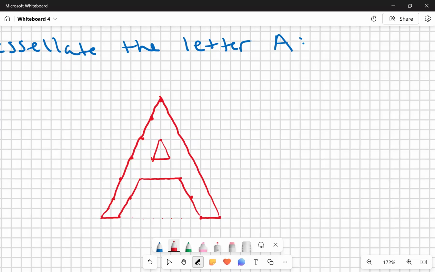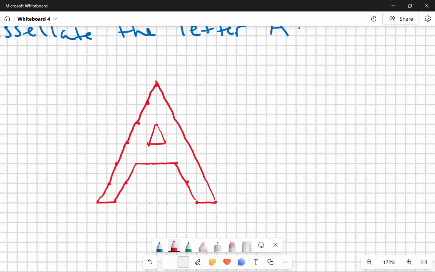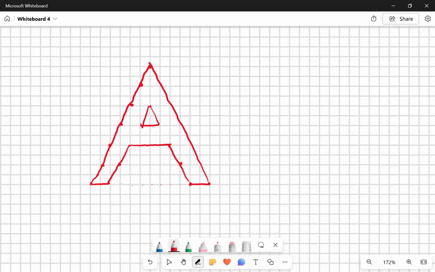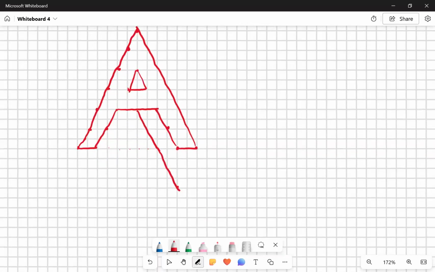And now what's kind of cool is I can tessellate with another A going upside down. So there's the leg. And I'm going to continue that pattern. Sorry, I did that too sharp. Should be out over here. And then 1, 2, 3, 4. There's the top part.